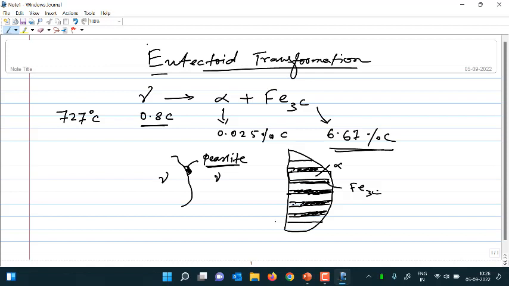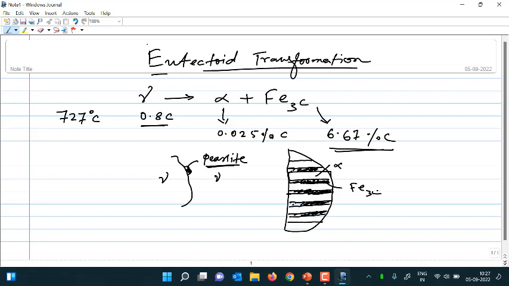So this black one that you see over here, that is the cementite phase, this shaded or the black strip, and the white region in between you have the alpha phase, the ferrite. Okay. So as I said, it grows in alternating layers.